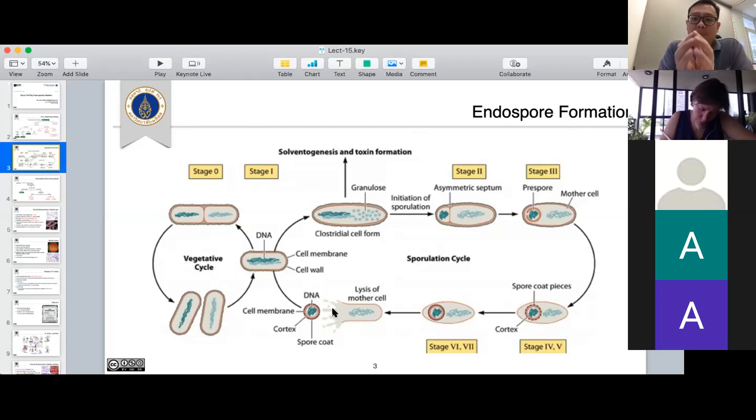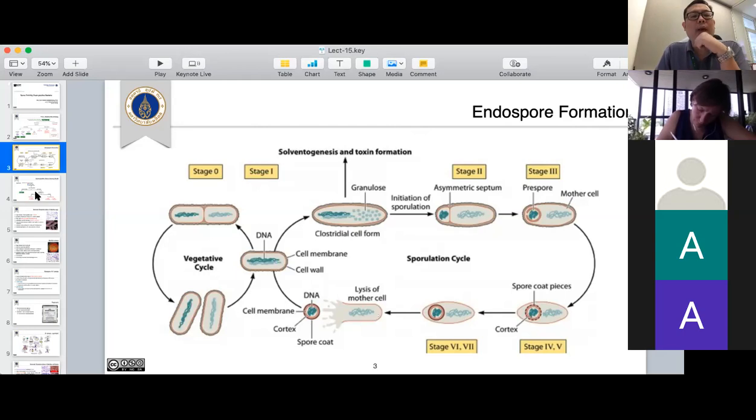Endospores of some bacteria can stay in the environment almost 100 years, and then they can break out of the spore. We call that germination, and germination gives one bacterium. Okay, that's the cycle of endospore.